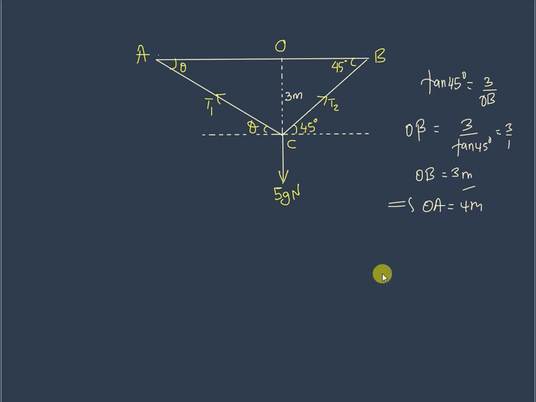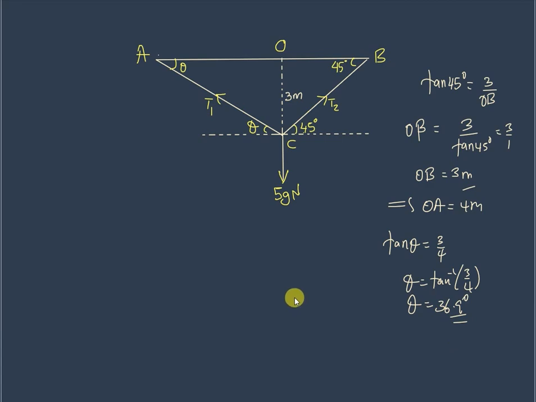And if that is 4 meters, I can again say that tangent of theta is opposite, which is 3, divided by adjacent, which is 4. And theta is equal to tan inverse of 3 over 4. Theta is equal to 36.9 degrees. That is the value of theta.